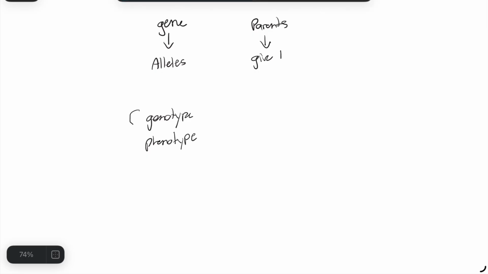These two ideas are very similar and related, however, there is a clear distinction between them. The phenotype, which is what you can observe physically, does not always reflect the specific genotype that's associated with it. But for the most part, whatever genotype you have will give you the expected phenotype.